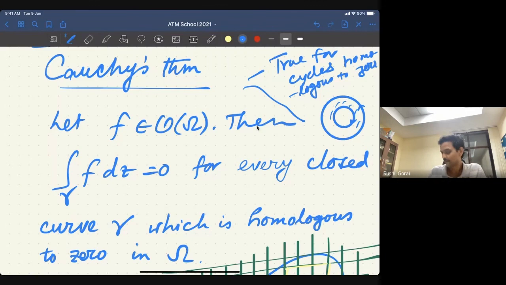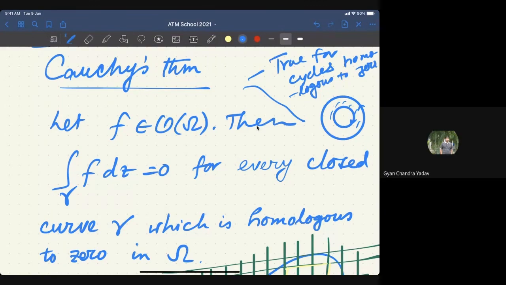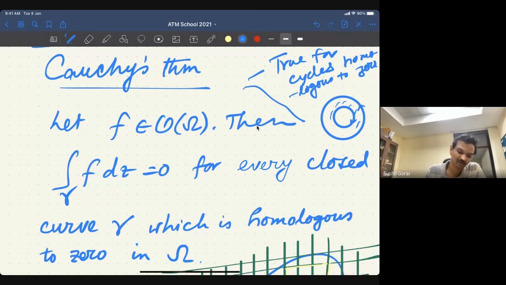Actually, you don't need to go to chains for that one. One can make it a curve going this way and going that way, and this curve will be homotopic to 0. Hence you have Cauchy's theorem, and hence the Cauchy integral formula. This is how one can work without going into chains. That's why in the first course nobody talks about chains and cycles.